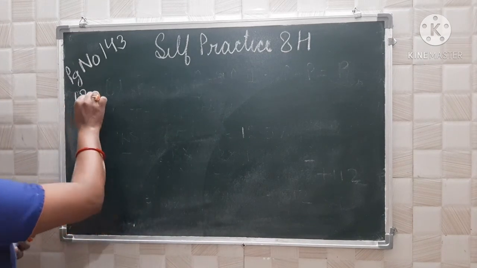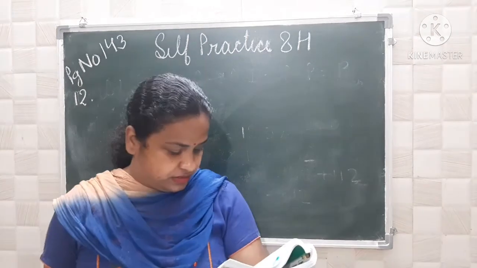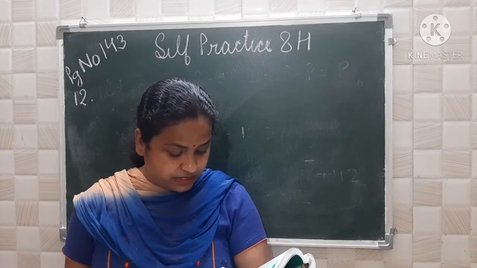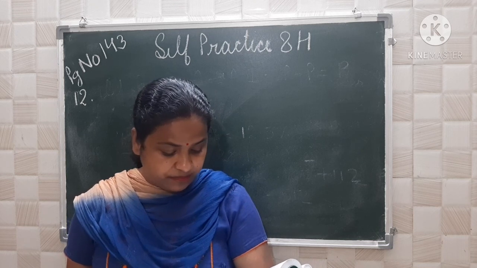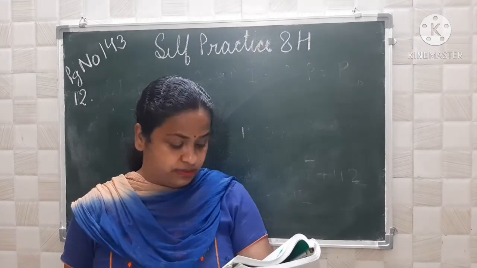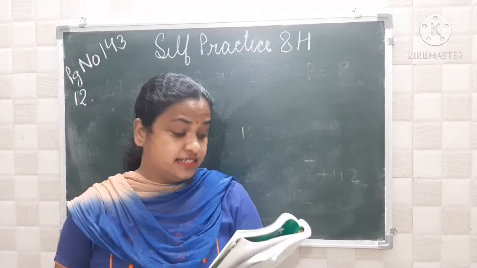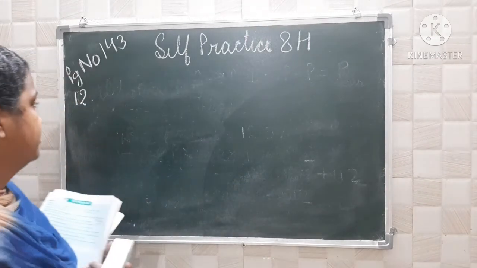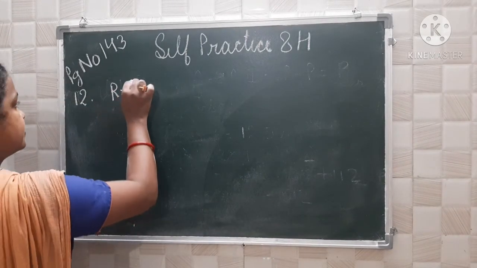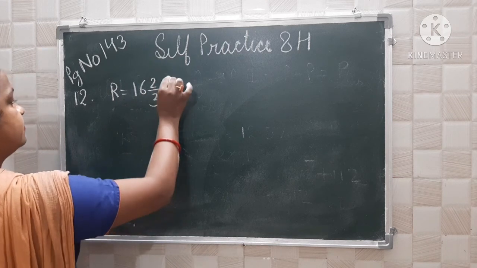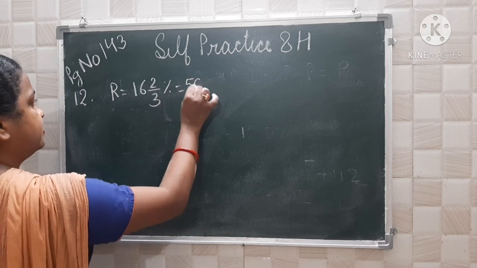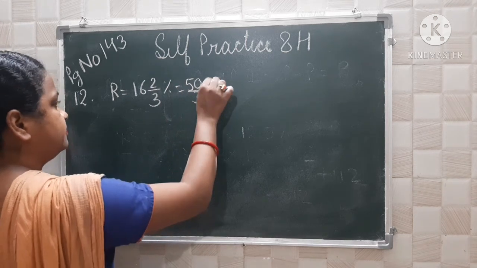In how many years will the simple interest on a sum of money be equal to the principal at the rate of 16 2/3% per annum? It is just the reverse of the 11th one. So here rate is given 16 2/3%. So what it is equal to? 50/3%.